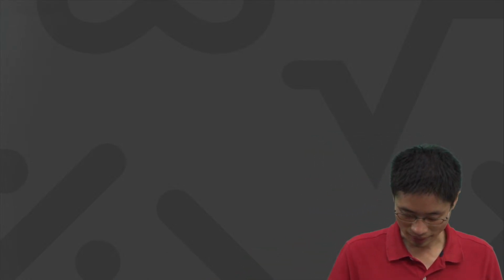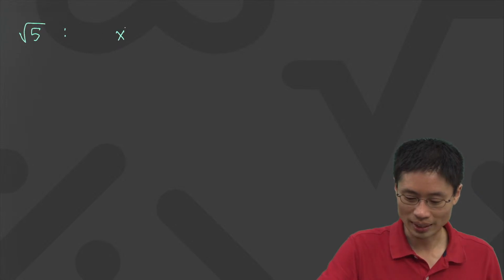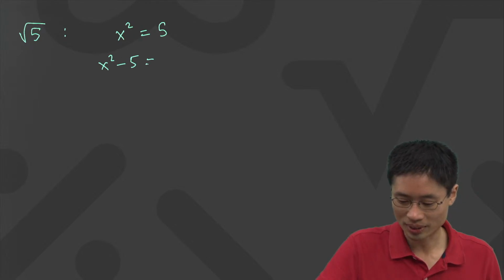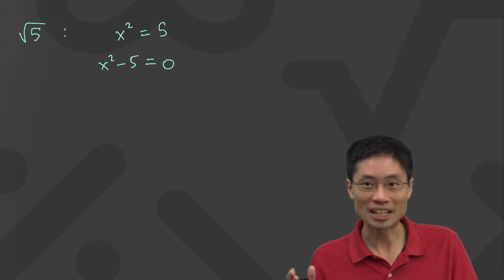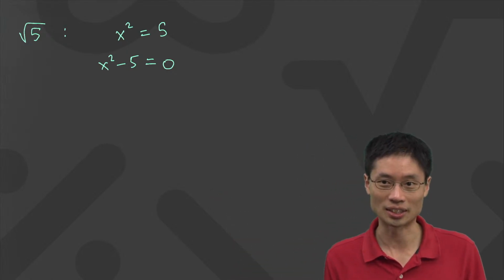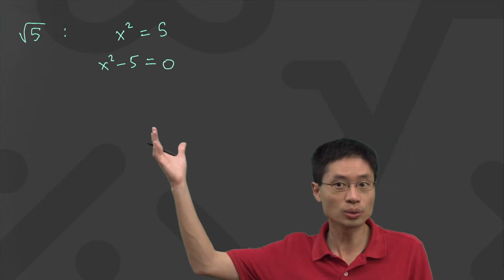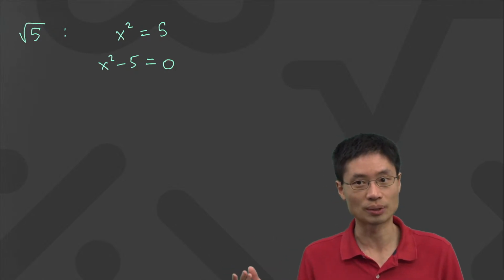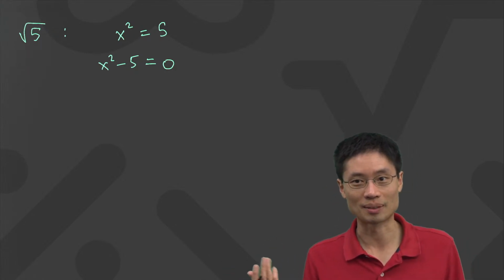If you're trying to find the square root of 5, that's actually a quadratic equation: x squared equals 5, which I can rewrite as x squared minus 5 equals 0. So square roots and quadratic equations are deeply related to each other. But I don't see how you'd use the quadratic equation to solve for the square root, because it amounts to the same thing.